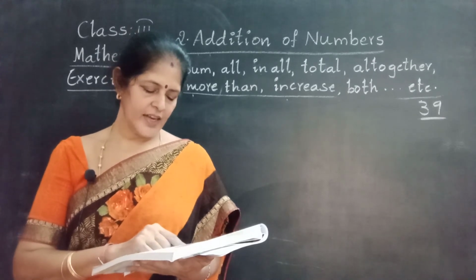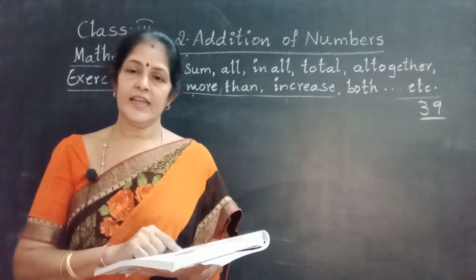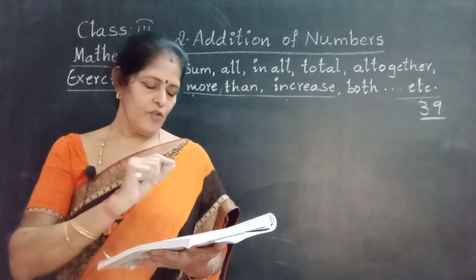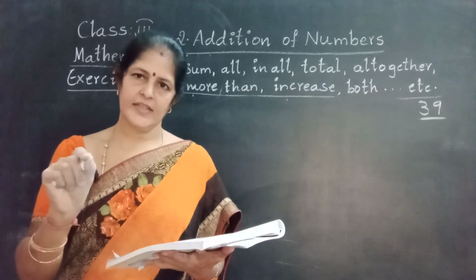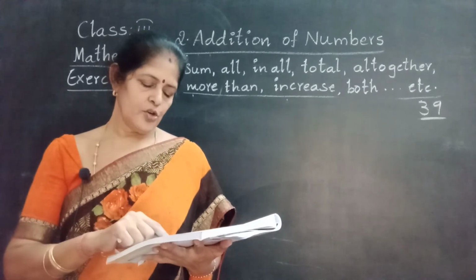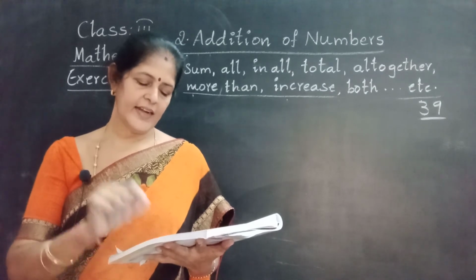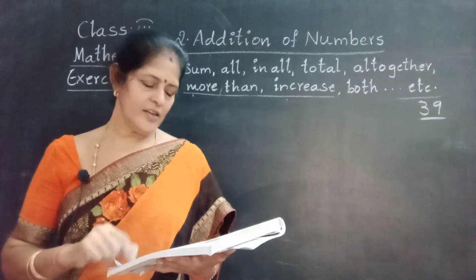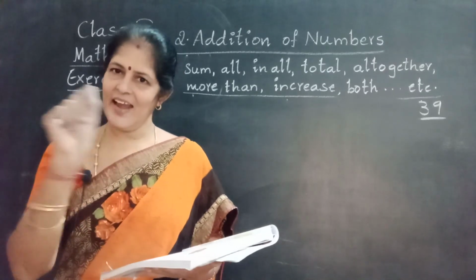Ajoy has 138 orange marbles. Here they have given 3 numbers. First you have to underline 138 orange marbles, 264 green marbles, 321 blue marbles. What is the addition word? Total. Underline.